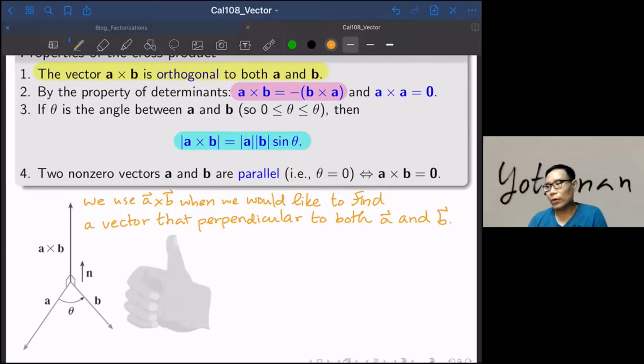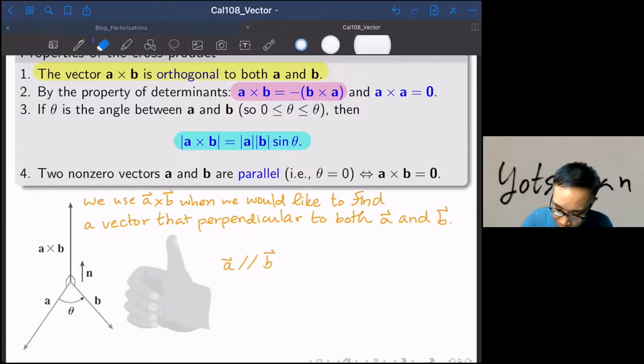Another important thing is when two non-zero vectors are parallel. If vector A and vector B are parallel, what does it mean? The symbol here is like two lines that are parallel to each other.